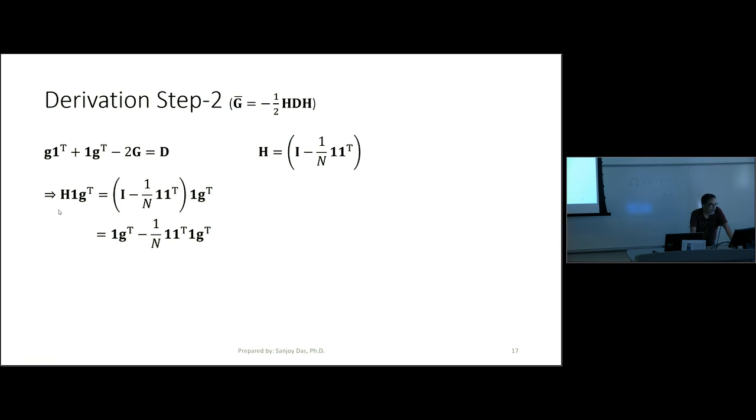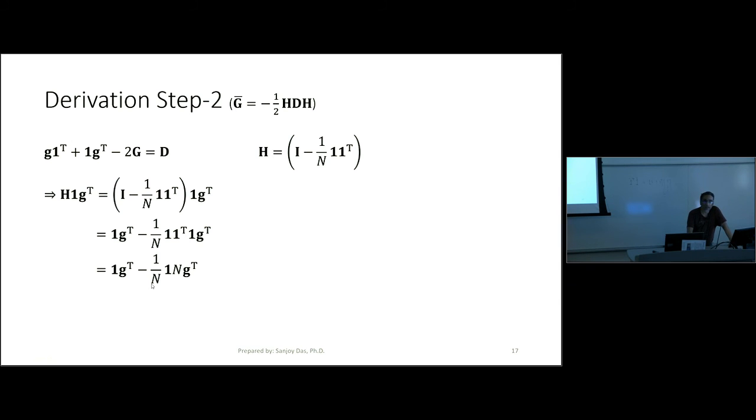Okay, so H1G transpose equals this. I just came to this step. This 1 transpose 1 is 1 over n, correct? And from the associative property, I can do this multiplication first, 1 transpose 1, and I replace it with n. So in the second term, the first term is still 1G transpose, the negative 1 over n, n G transpose.